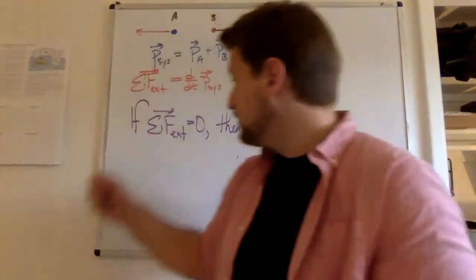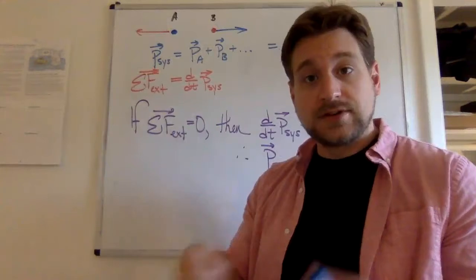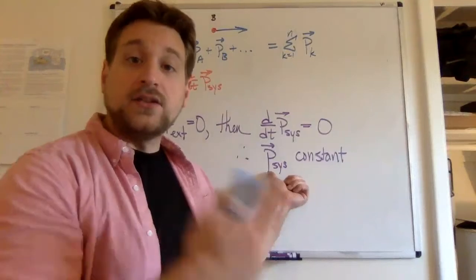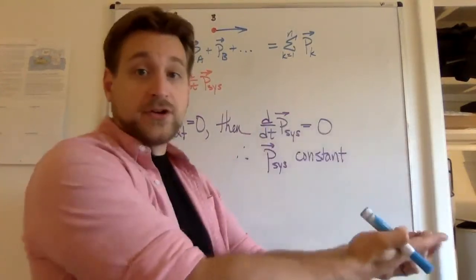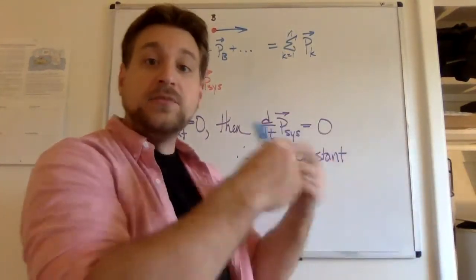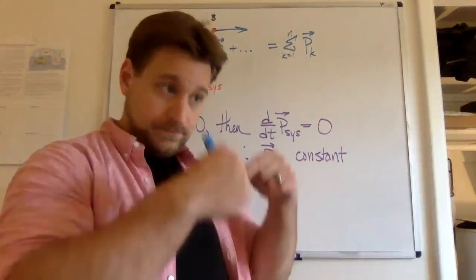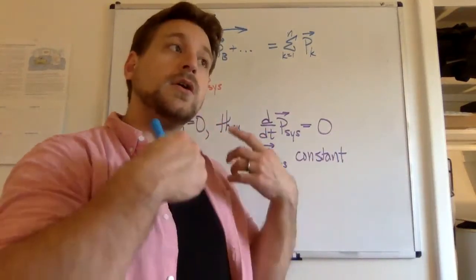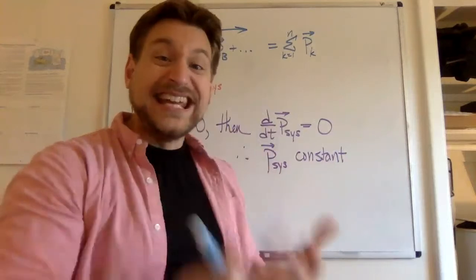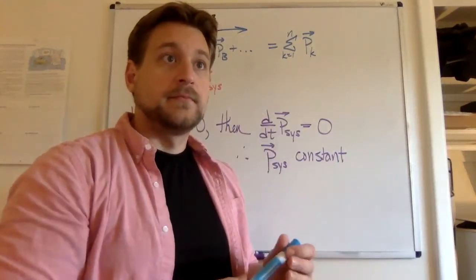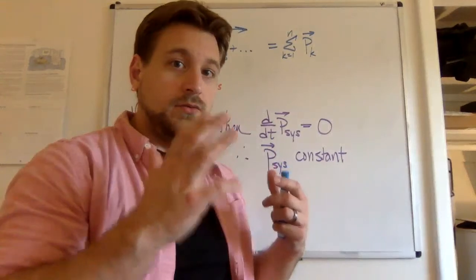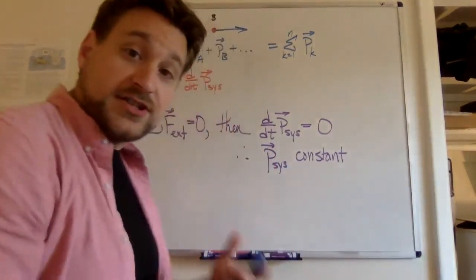If we can show that the net external force during that event is 0, then the momentum needs to be constant. In other words, the momentum we have after the event needs to be equal to the momentum we had beforehand. Whatever we had, we keep. We don't lose any, we conserve it.